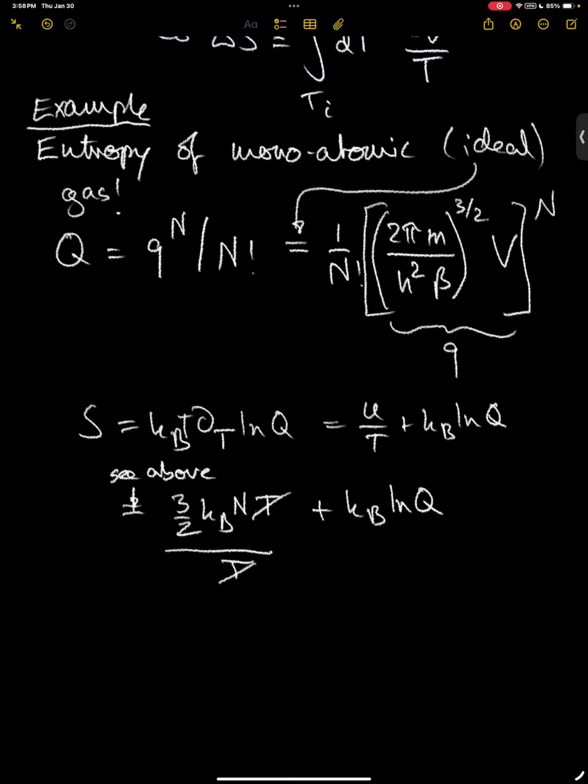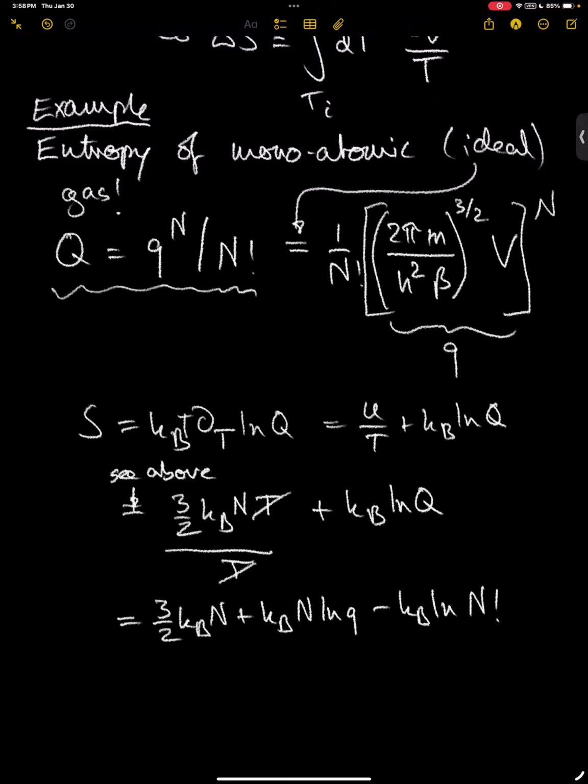And now we insert our expression with the little q: 3/2 kB n plus kB n logarithm small q minus kB logarithm n factorial, right? That's this equation here we've been using.